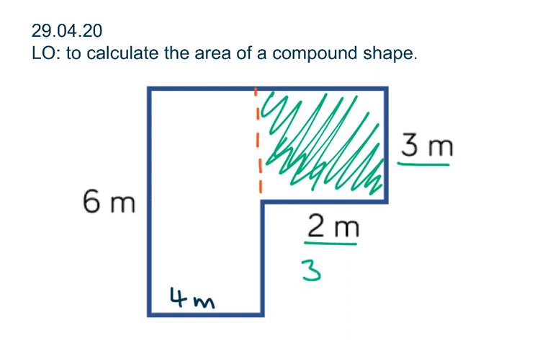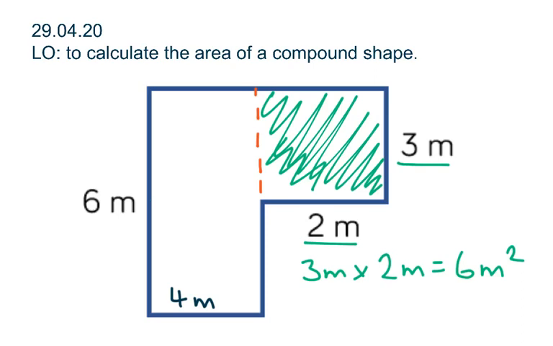I'm going to do 3 meters times 2 meters equals 6 meters squared. Please don't forget to use squared units here. Anytime you're finding an area, that's the unit you're going to use. So we've now found the area of the shape that I've shaded in green.